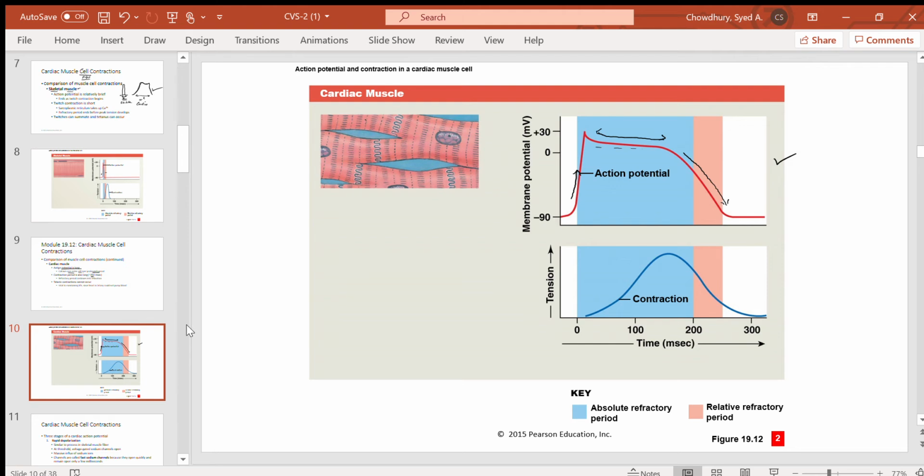So this part is called depolarization. This part is called repolarization.